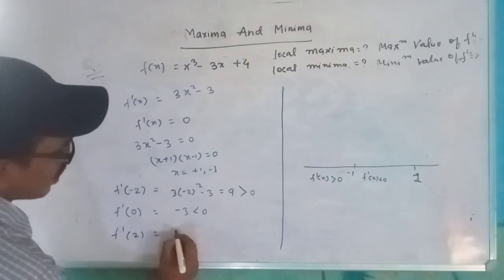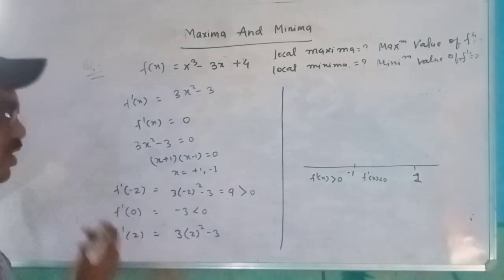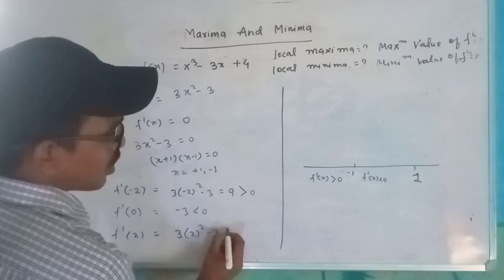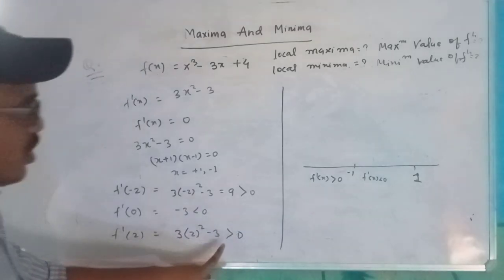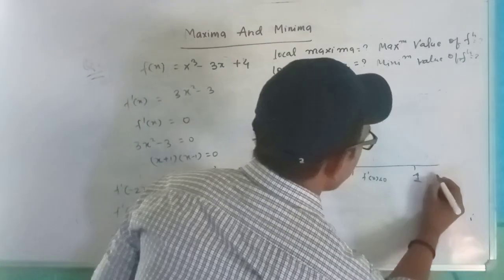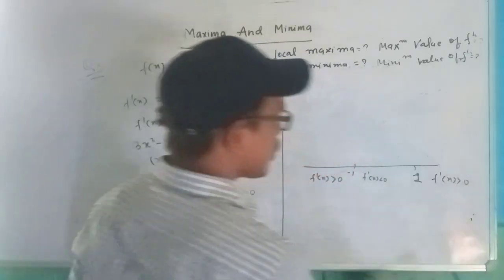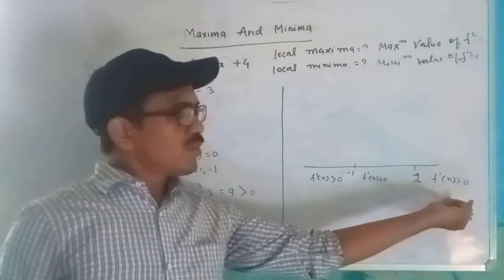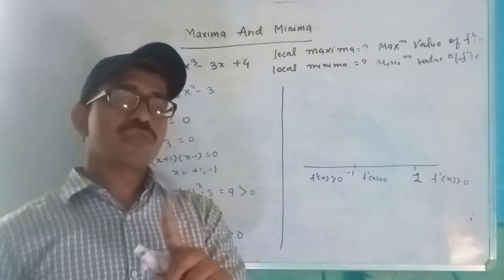So 3 x squared minus 3 will be 3 into 4 minus 3, which is 9, positive. So after 1, the sign is positive.